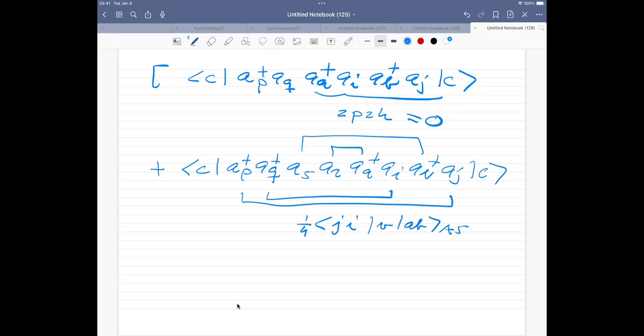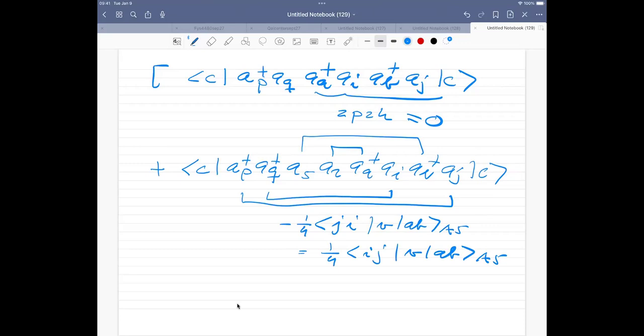But since I need to interchange at least one operator here to get every operator close to each other, this is going to have a minus sign. But I can rewrite this one as 1/4 of IJ of V of AB anti-symmetrized. So that's one possible contraction.